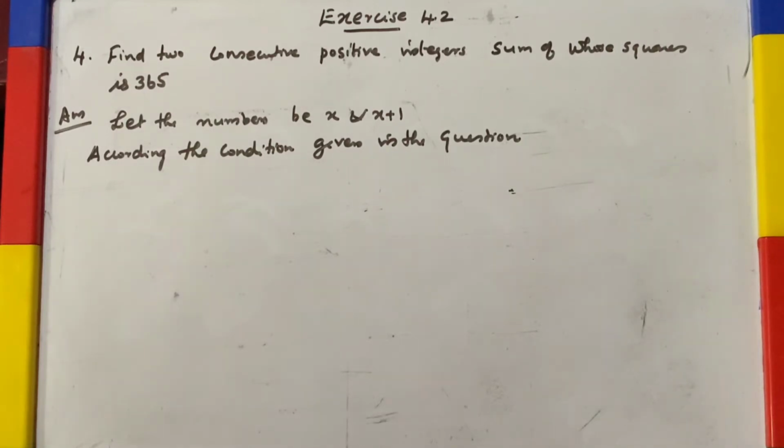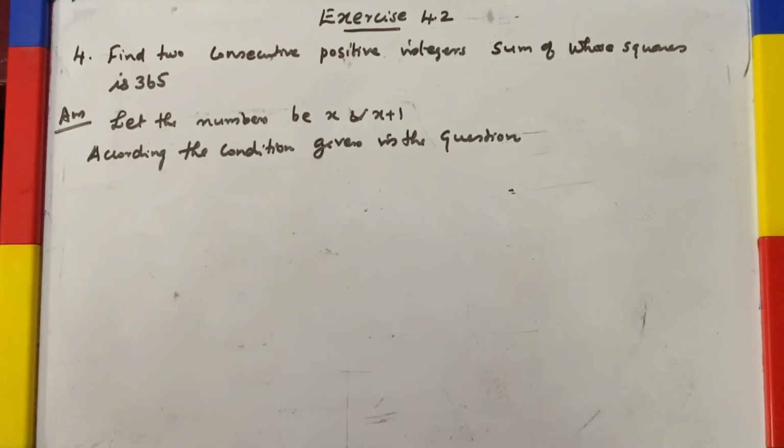Question number 4. Find two consecutive positive integers, the sum of whose squares is 365. So, consecutive integers means you can take one number as x and the other number as x plus 1. What is the condition given in the question? The sum of whose squares is 365.